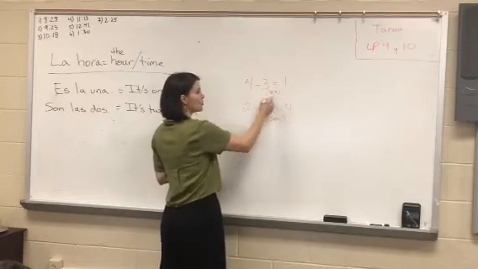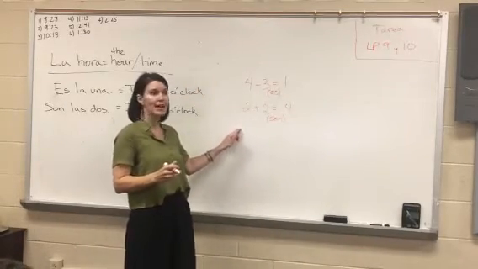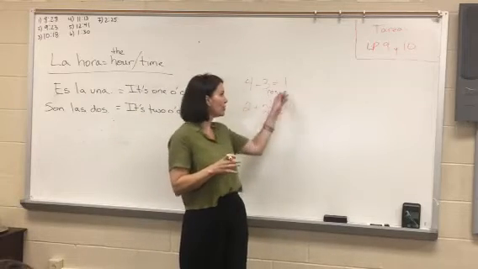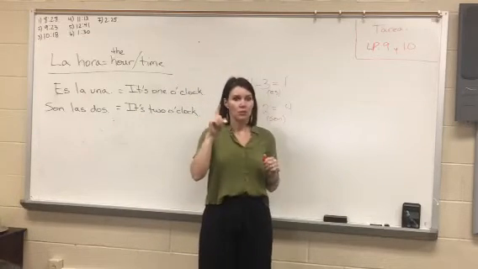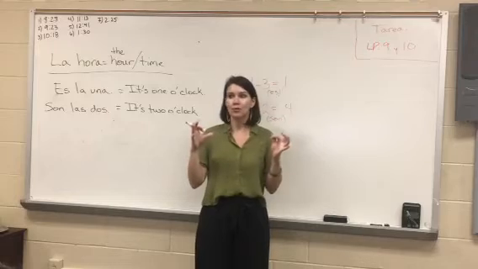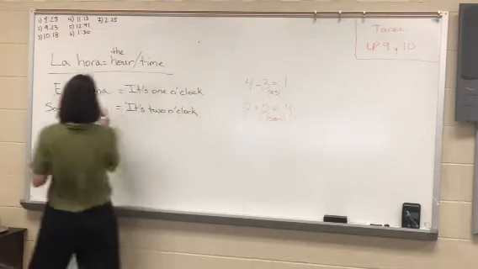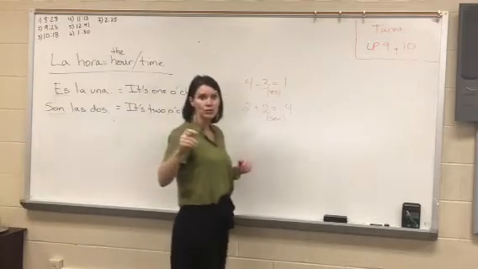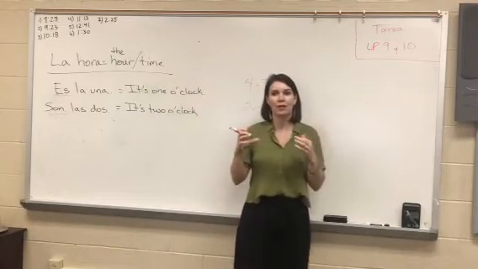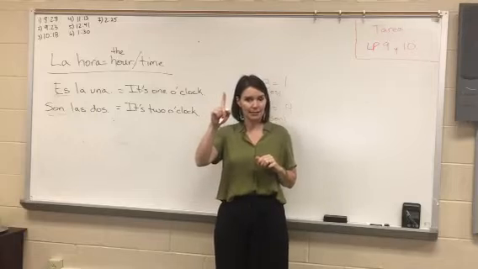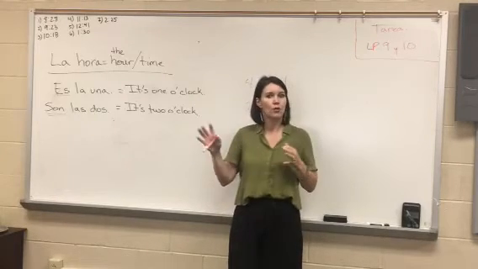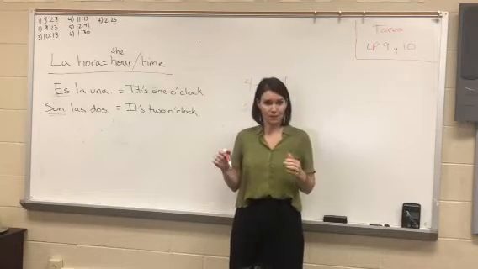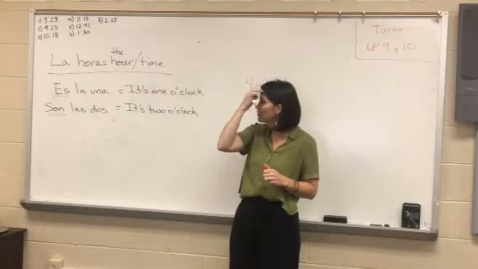Okay? You guys remember that? So going back to that same concept. If we're talking about just one thing, it's es. If it's talking about multiples, it's son. Okay, so that's the first thing to point out. However you want to indicate that in your notes, make sure that you remember that whenever it's una, it's just es. Whenever it's dos, tres, cuatro, anything more, then it's son. All right, so that's the first thing I want to point out.